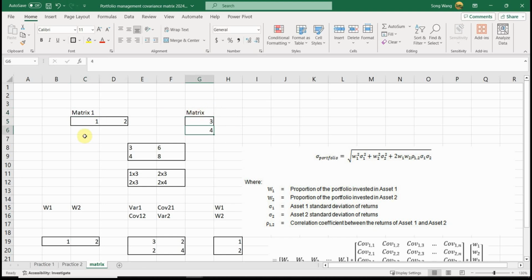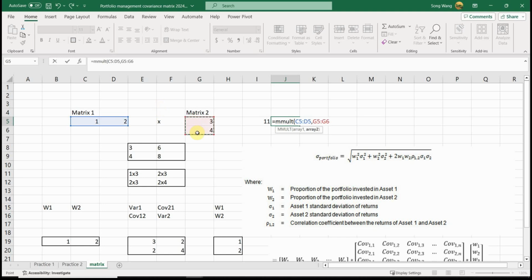If I use matrix 1 times matrix 2, then I will have one single number as the answer, because if I multiply these two together, I will have 1 times 3 plus 2 times 4, so that's going to be 11. Or I can use matrix multiplication. MMULT, the first M stands for matrix. Then this row times this column. Control-Shift-Enter to finish. I got 11. So that's how you get a single answer.